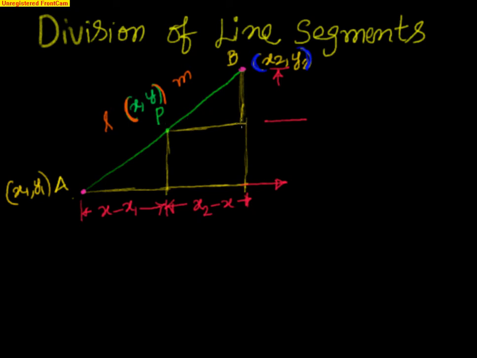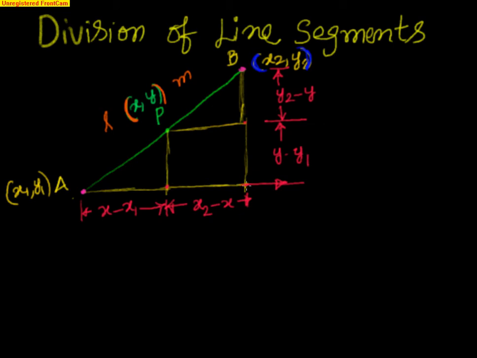I have another point here, but I know the y coordinate is always y because it's a horizontal line, to be precise. So what is this? y2 minus y. And for P, the distance is y minus y1.